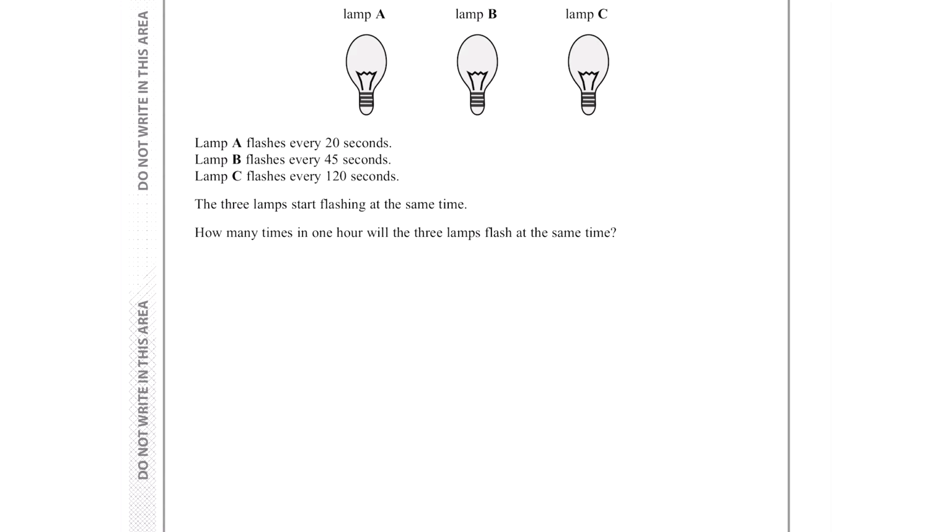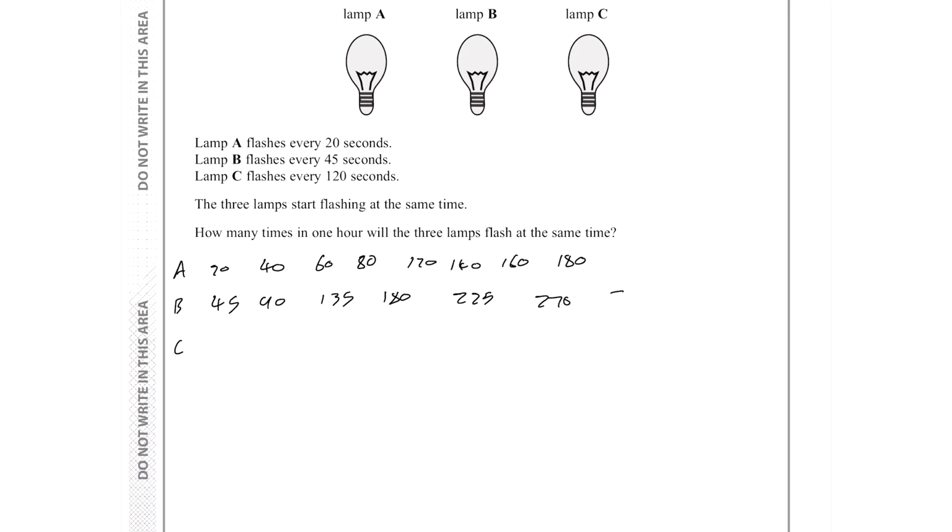So we've got 20, 45, and 120, so we can list out the multiples for A, B, and C. You can list out some multiples: 20, 40, 60, 80, 100, 120, 140, 160, 180, and so on. And with B, we have 45, 90, 135. You can use your calculator to do this.